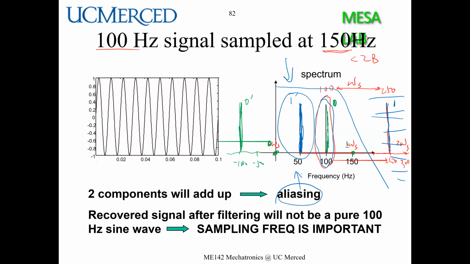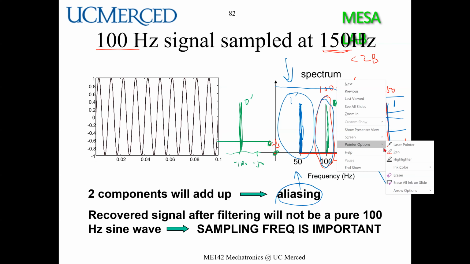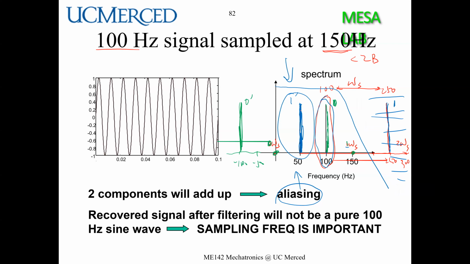This guy is called the aliased signal. It will stay and it will distort your signal. In other words, because of this 1 prime, it is already mixed into your 100 hertz.